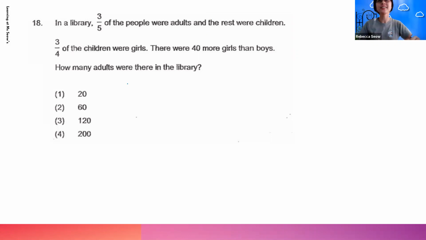All right, let's take a look at this question now. It says that in a library, 3/5 of the people were adults and the rest were children. Okay, so just based on, again, the first sentence, we are able to indicate something on a model.